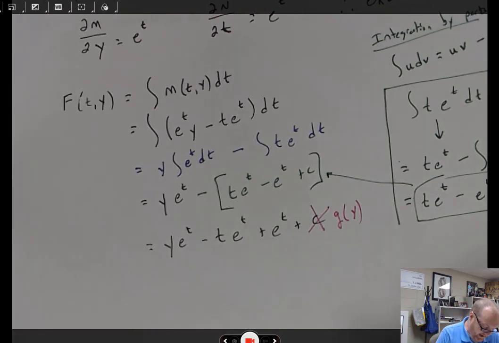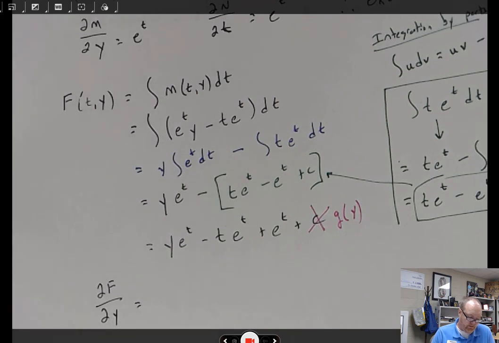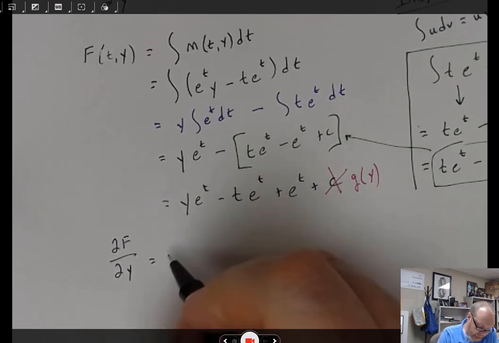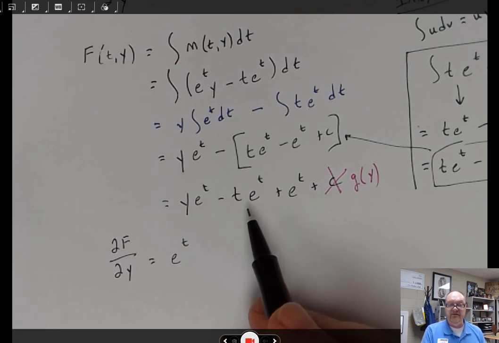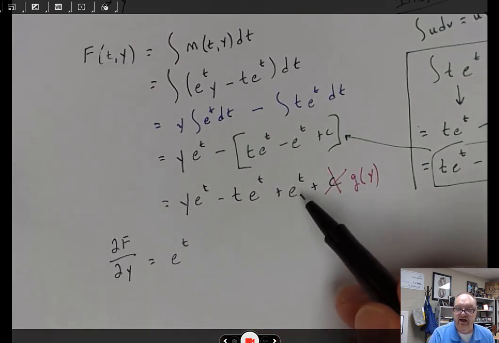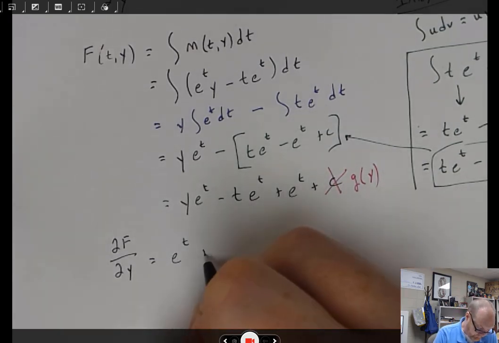So let's go back and differentiate f with respect to y now. The derivative of y is 1 times this constant, e to the t. T e to the t doesn't have any y's in it. It's a constant, so it's 0. The derivative of e to the t, that's a constant, it's 0. And the derivative of g of y is g prime.